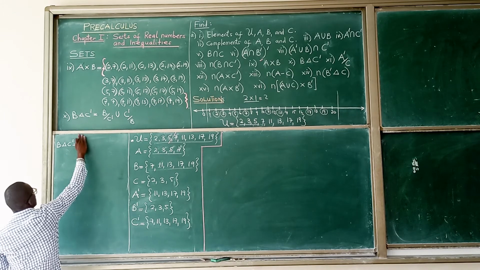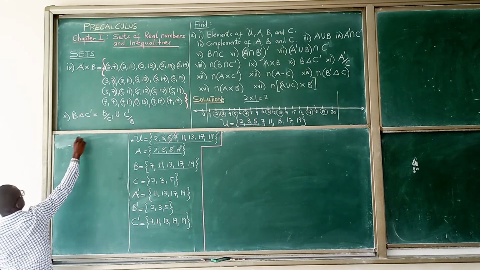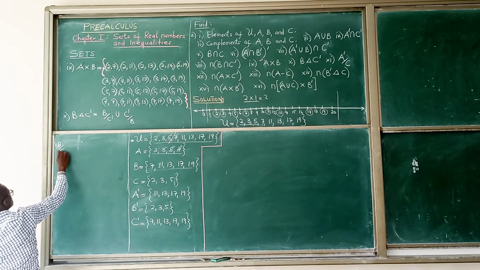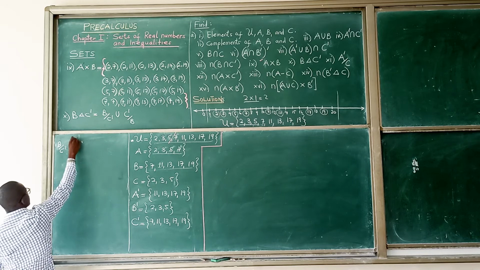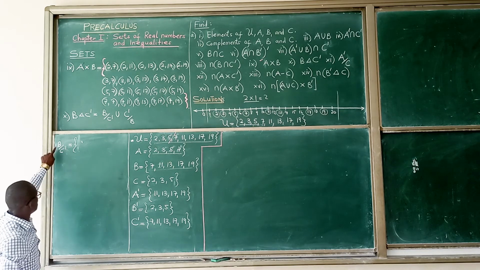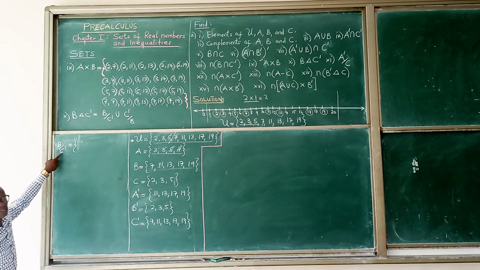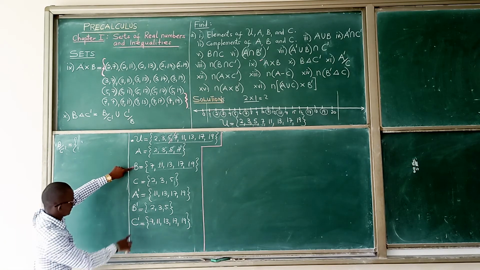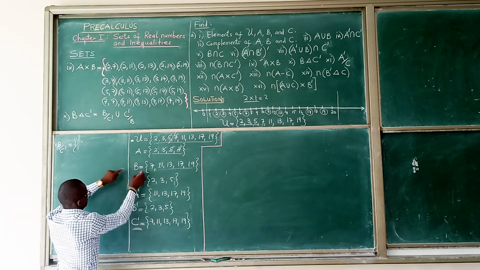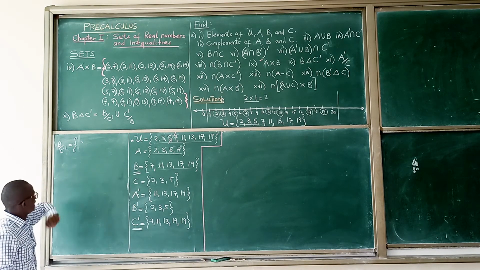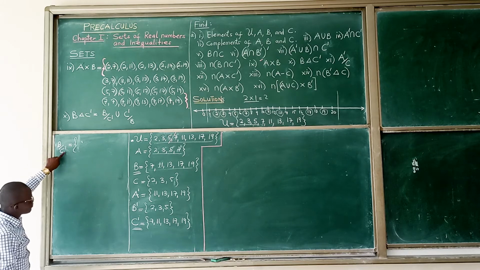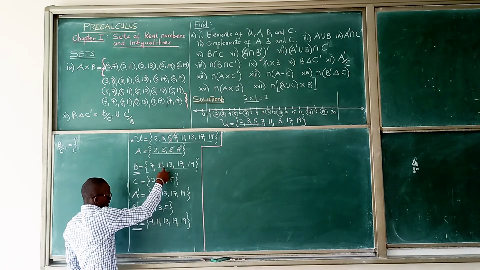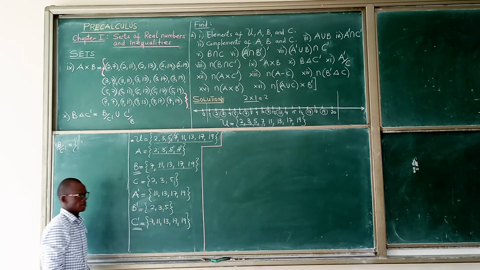So the first thing, let's find our B different from C prime. We look within the set B and within the set C prime. This is set B and this is set C prime. Now, B different from C prime means what are those elements that are within set B that are not within set C prime?